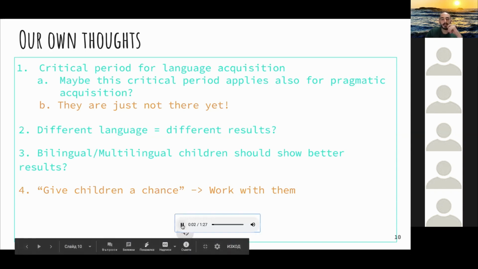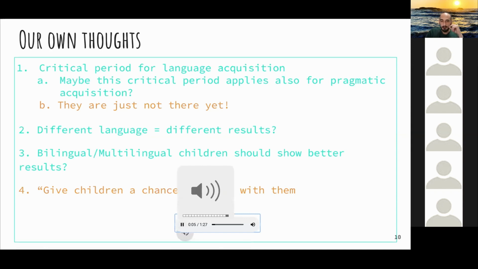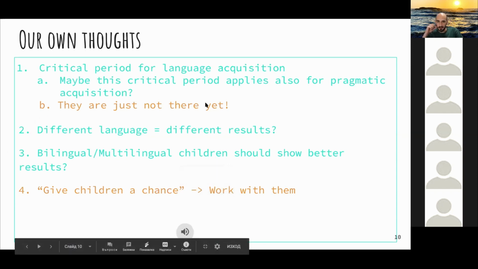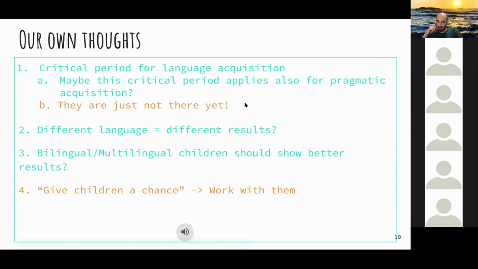So why do you believe that there is a gap between the age of 5 and 6? Simply because children are not there yet. They're not able to process the scalar implicature, and they're not able to produce it as well. It's maybe comparable to walking. Everyone has an age for it, and it just follows a logical way, a timetable, a timeline.